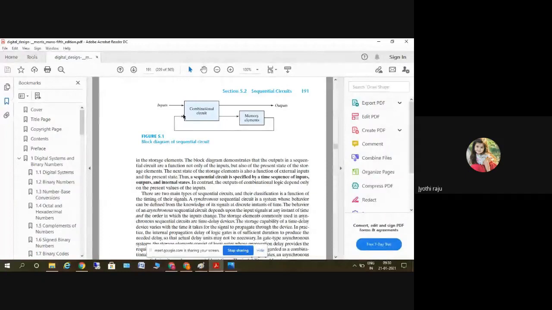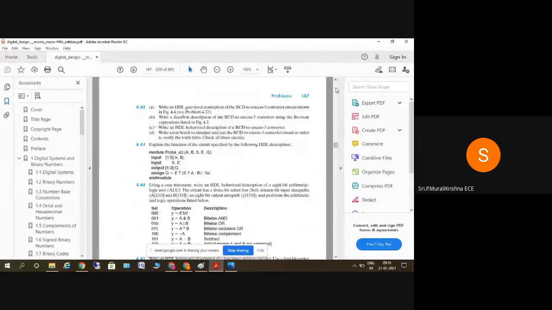Yes, sir. So any doubts, let me know, because this is the basic thing here, the combinational circuits and the sequential circuit. Any doubts in this definition? Any doubts in the definition differences?